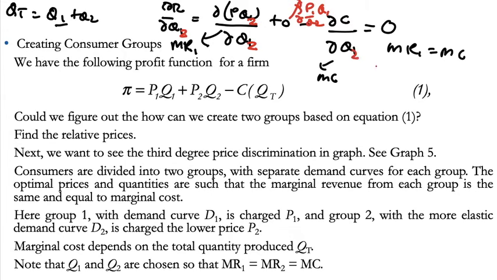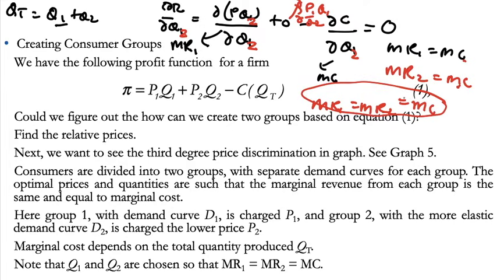Differentiate the cost with respect to Q2, then you get something like this also. And not only that, both of them must be equal. MC here must be equal to MC here. So what does it mean? MR1 equals MR2 equals MC. Then you can maximize profit. Now, this is what we call the generic function.